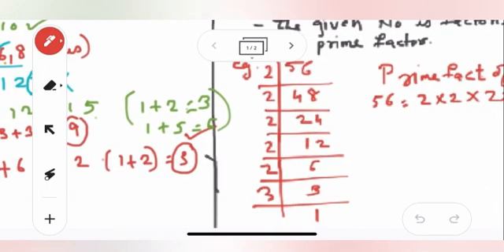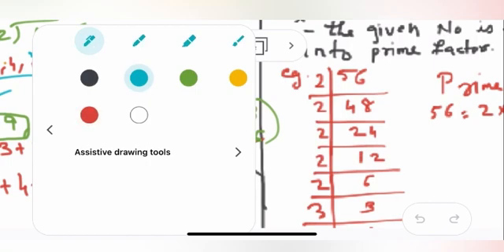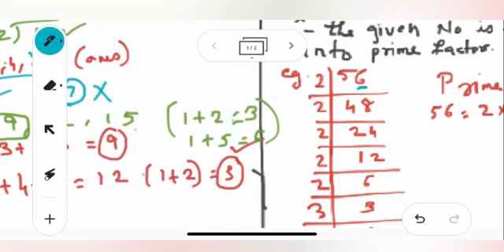We will start with the lowest table. Here we can use the divisibility tests to see which number we can divide 56 by. In 56, the last digit is 6, so by the divisibility test for 2, we can divide it by 2.